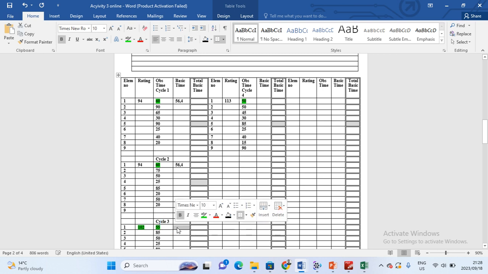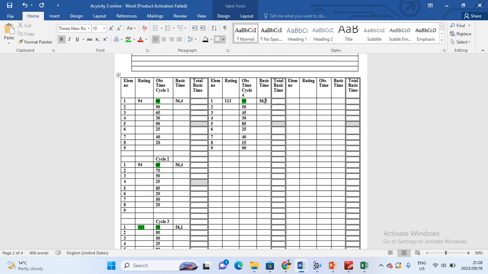And here, what you should do, 102 multiply by 55 divide by 100, which should give you 56.1, sorry. And lastly here, you take 113 multiply by 50 divide by 100, which should give you 56.5. And that's how you go about finding your basic time.